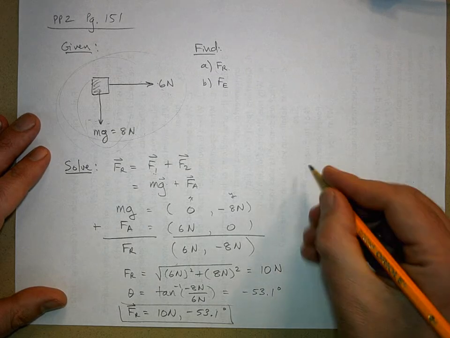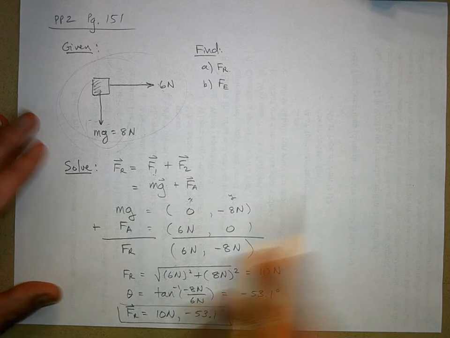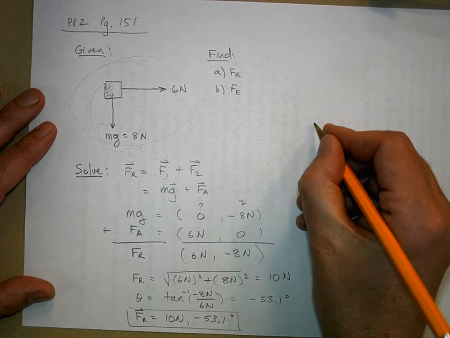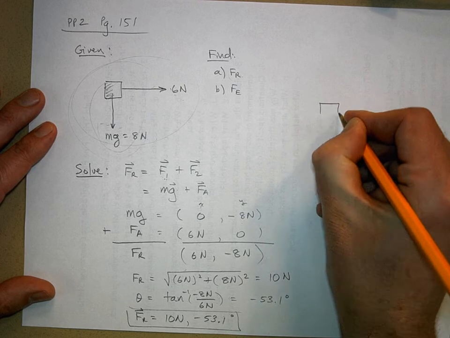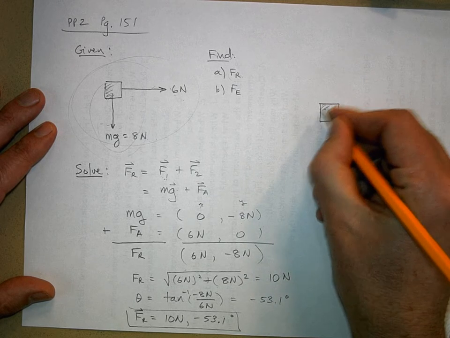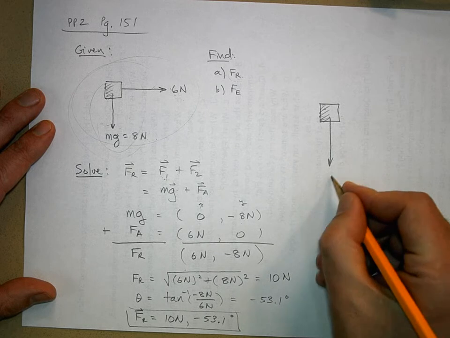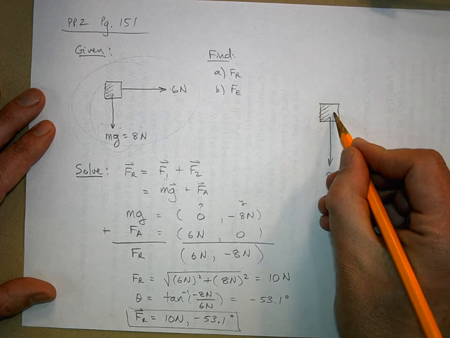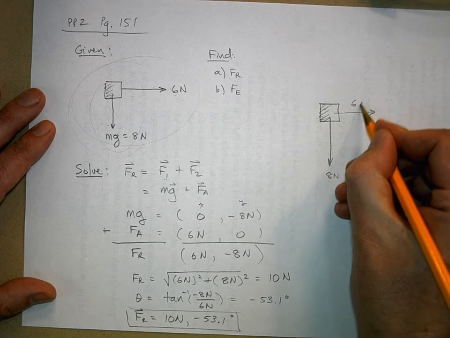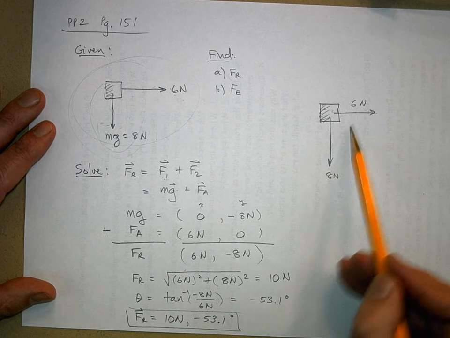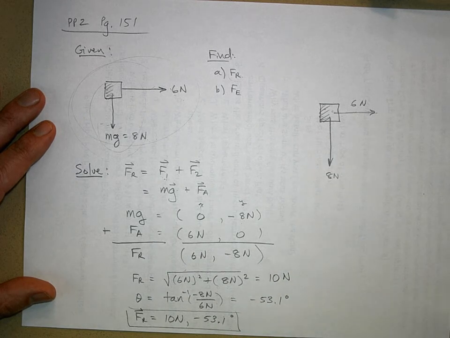So let's take a look at the picture here. I'll draw a separate picture so we don't mess up what's given. Here's my weight. And we said we've got these two forces acting on it, 8 newtons and 6 newtons, like this. Now we added these together. What do I do when I add vectors together?